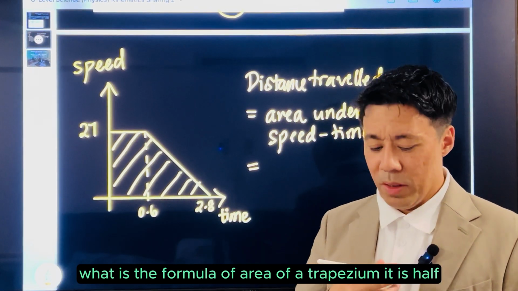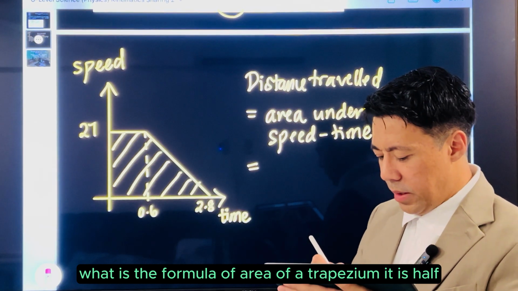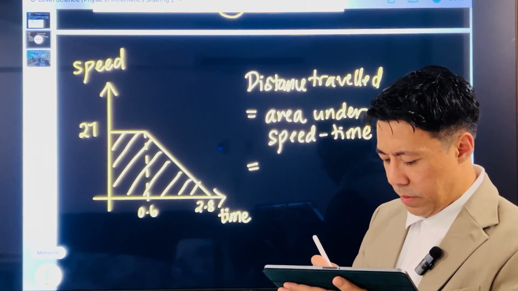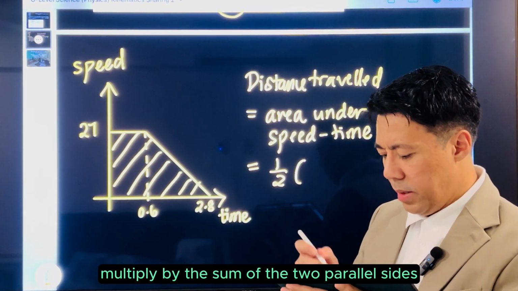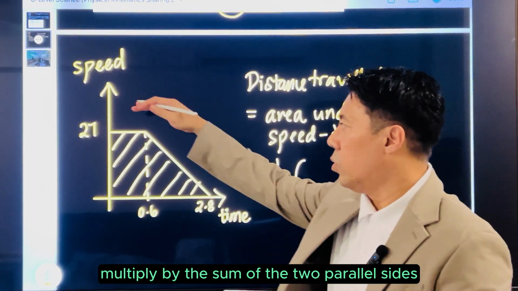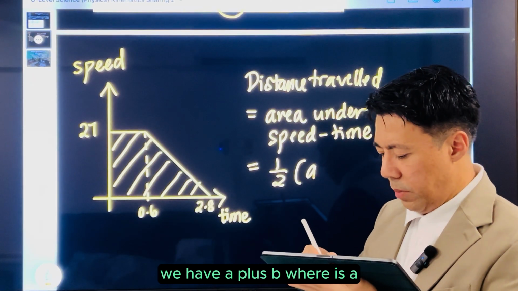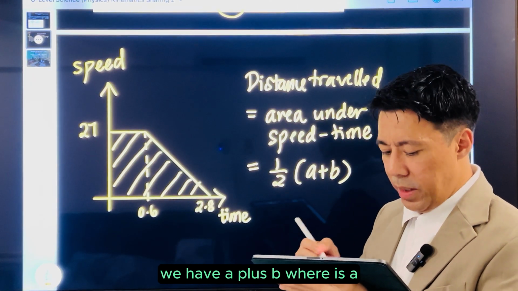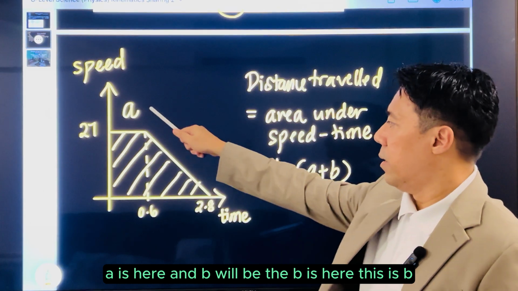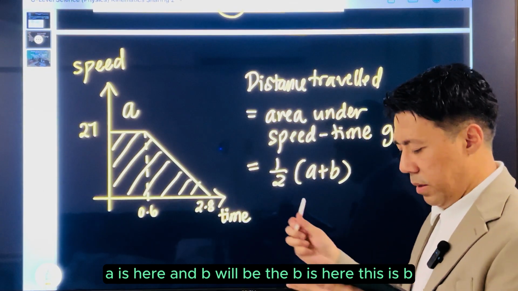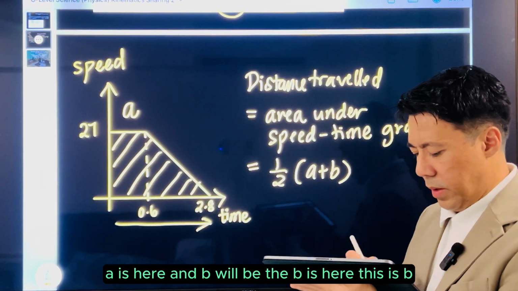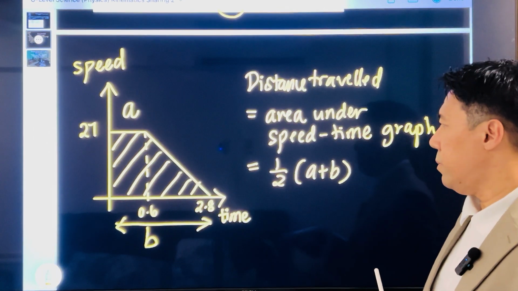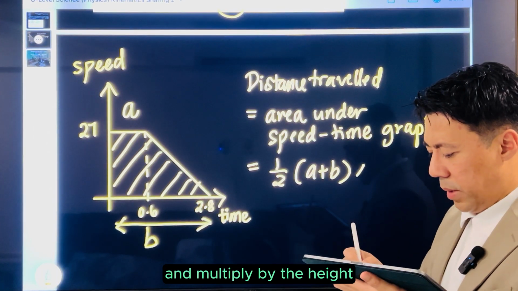So what is the formula of area of a trapezium? It is half multiplied by the sum of the two parallel sides. So we have A plus B. Where is A? A is here. And B will be the base here. So this is B. And multiply by the height.